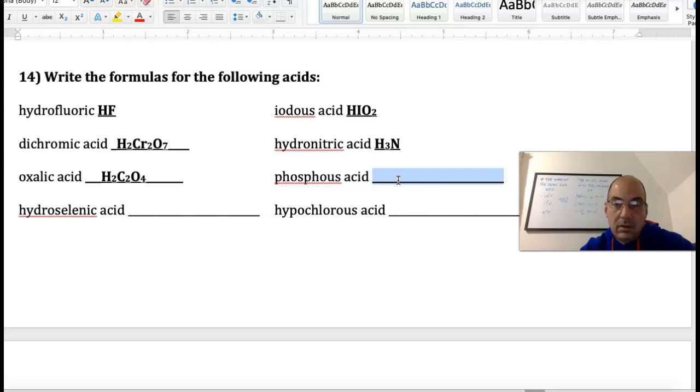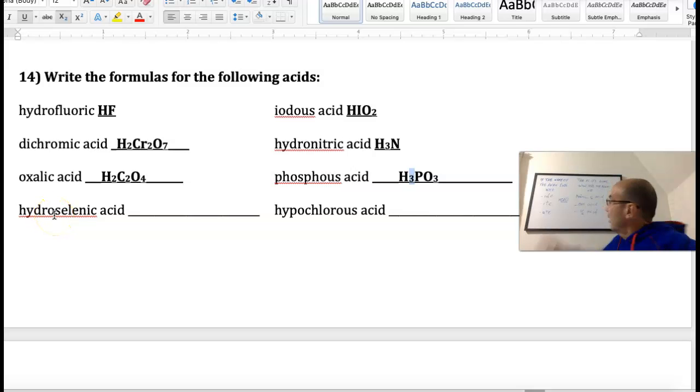Phosphite is PO3, and that's a 3- ion. So that means I must need 3 hydrogens to go in front. Remember, hydrogens are +1, so if it's -3, I need 3 hydrogens. -2, I need 2 hydrogens. -1, I need 1 hydrogen. It's that simple.